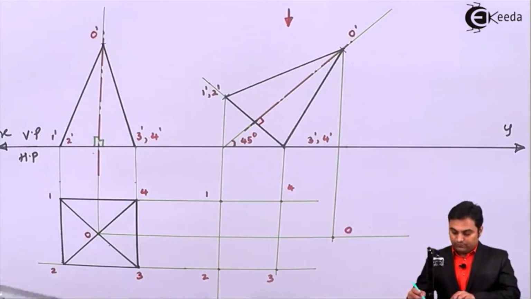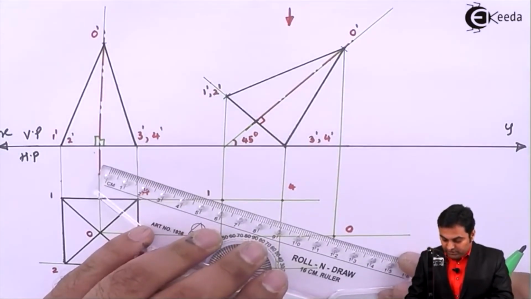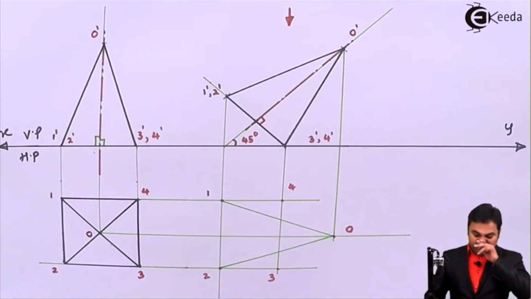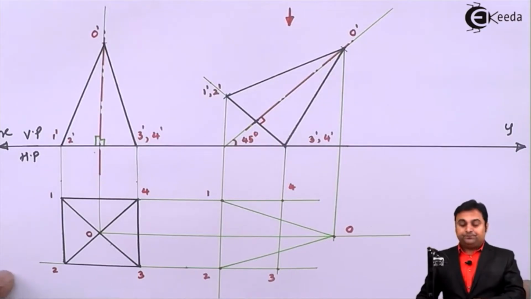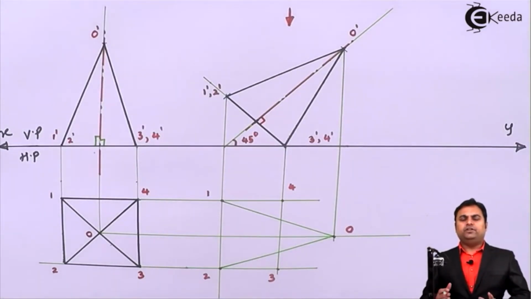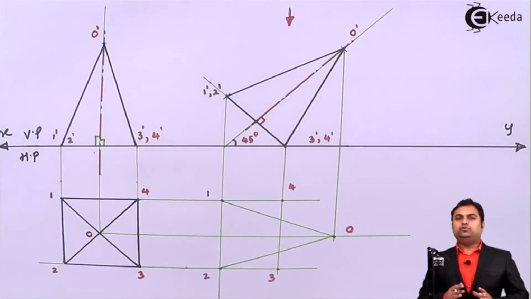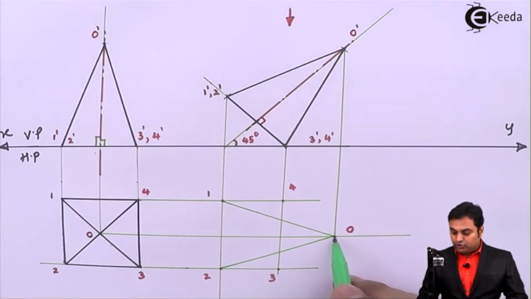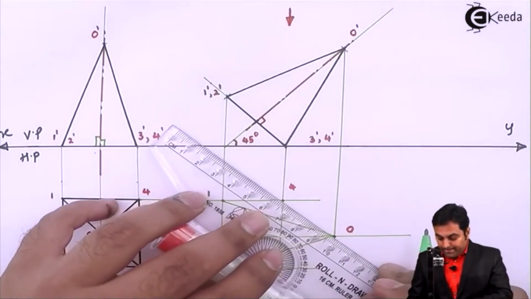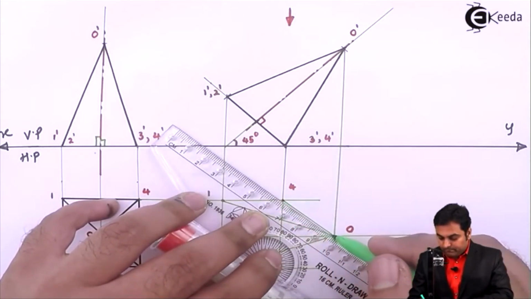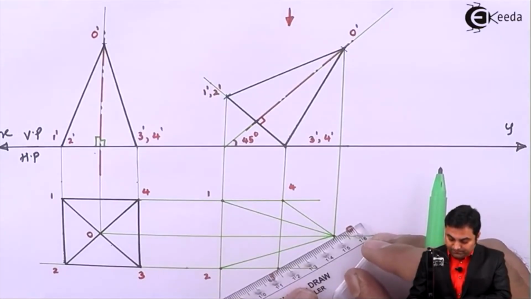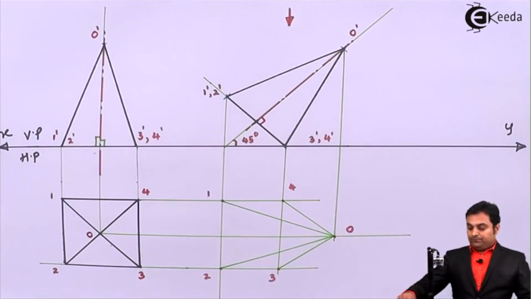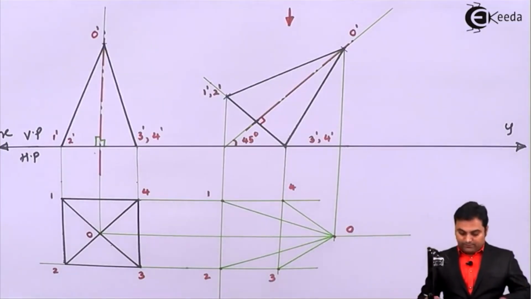So first, I'll draw it light, and then I'll make it dark. After that, see, whenever we are drawing in case of projection of solids, the outlines are never hidden. So we can make the outlines dark. Like here I can join from O to 4 and O to 3. Now I'll make it dark.